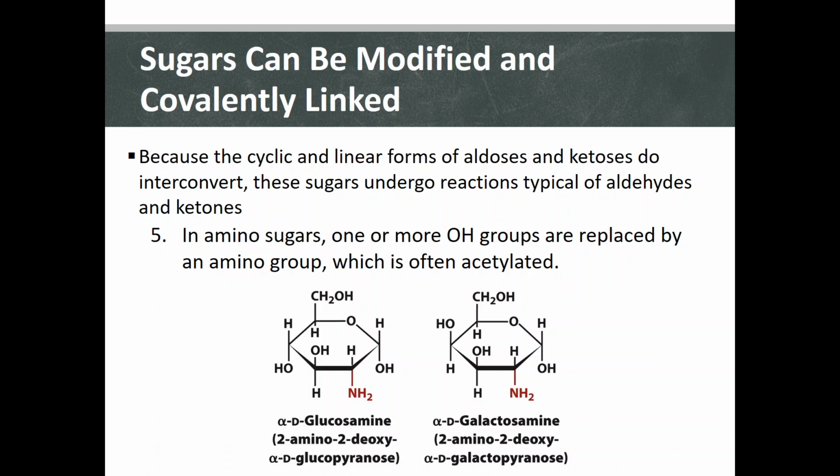And often, actually, you've already seen an example of this, but often you're going to see that these amino groups are acylated. We saw an example of this when we looked at peptidoglycan. We had an acylated amino group there that represented a potential point of conjugation to other molecules. So amino sugars are very common as well.